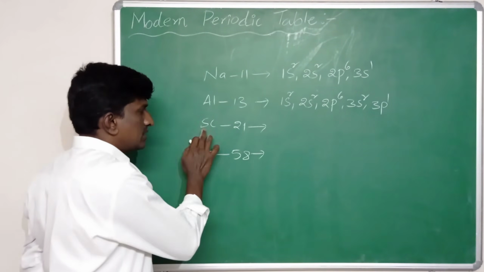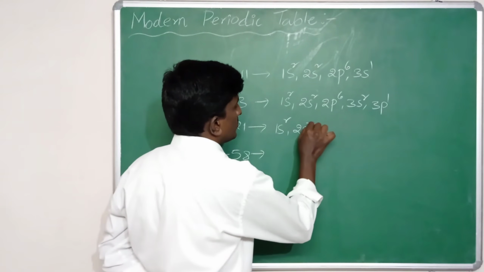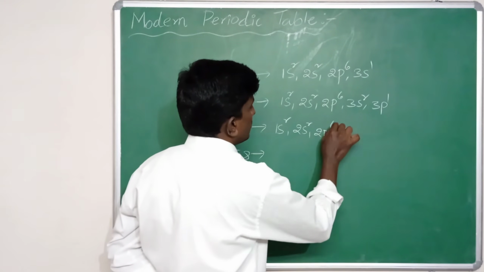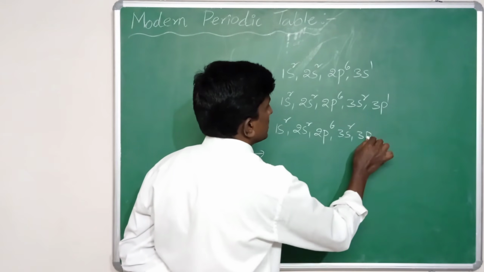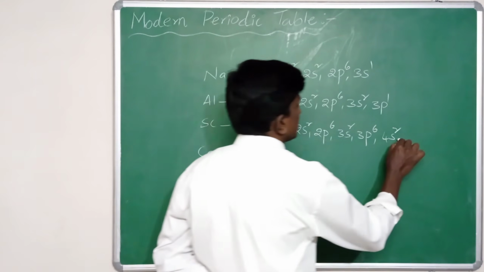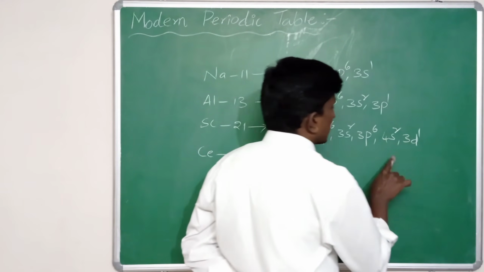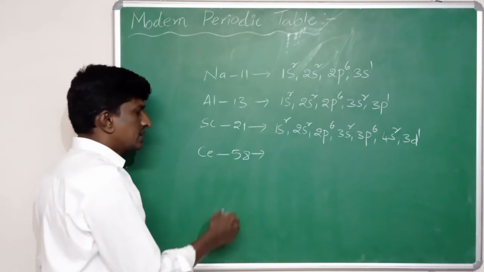And scandium: 1s2, 2s2, 2p6, 3s2, 3p6, 4s2, 3d1. After filling 4s, the electrons enter into the d orbital.